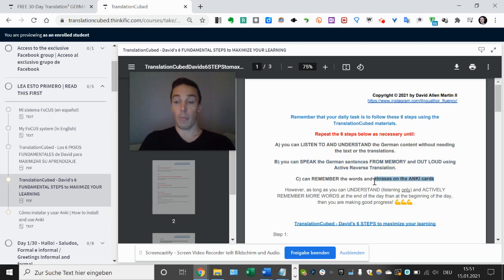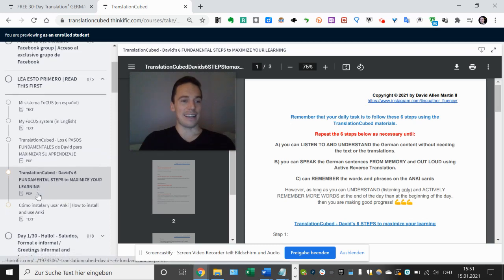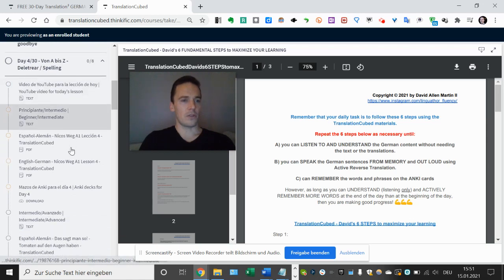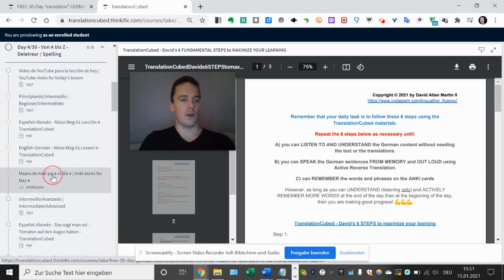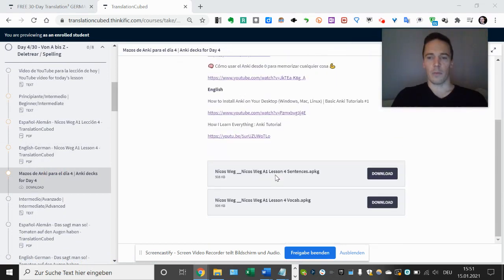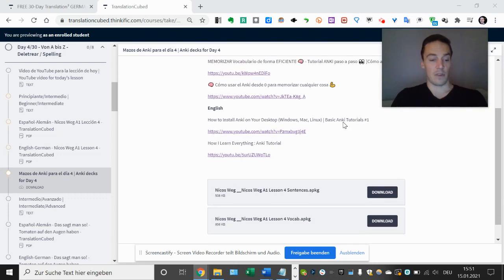And your final goal should be to practice remembering the meaning of the sentences and actively remembering the vocabulary using the Anki deck for any particular day. For today, you go into day 4 and click on the Anki decks. You go to the bottom, download them, and import them into Anki, and you have everything you need to practice what you have learned.